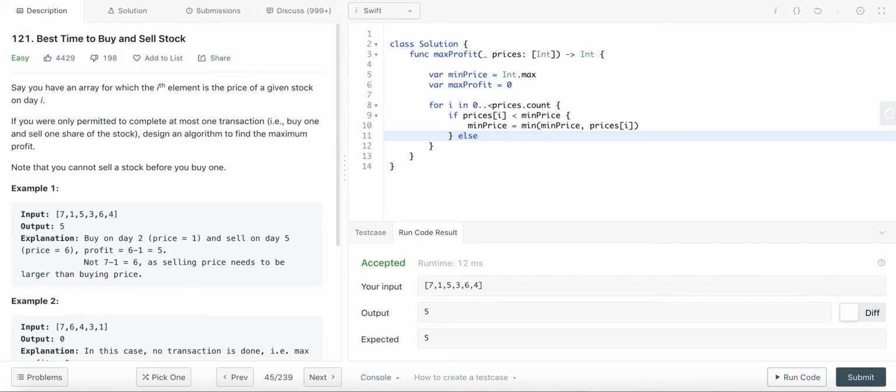So what we'll check now is if the price is greater than min price, does selling at this new, greater price actually give us the maximum profit that we can achieve? If it does, then we'll update max profit. If it doesn't, we won't update max profit.